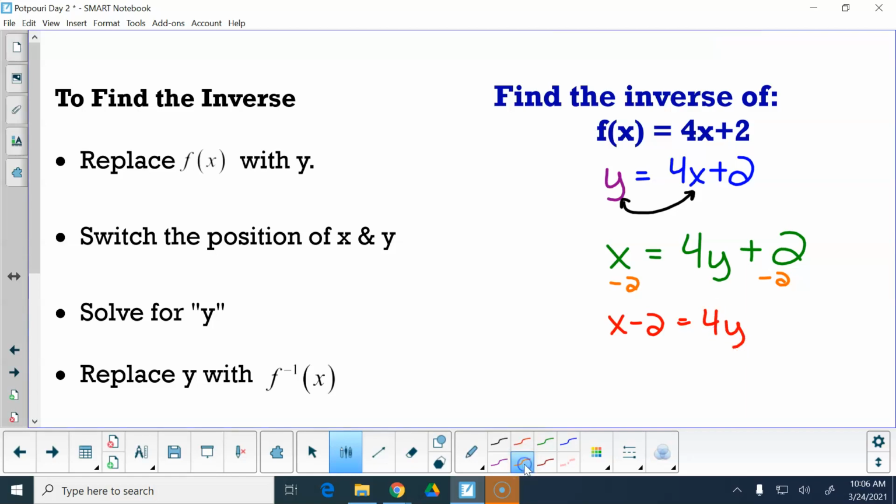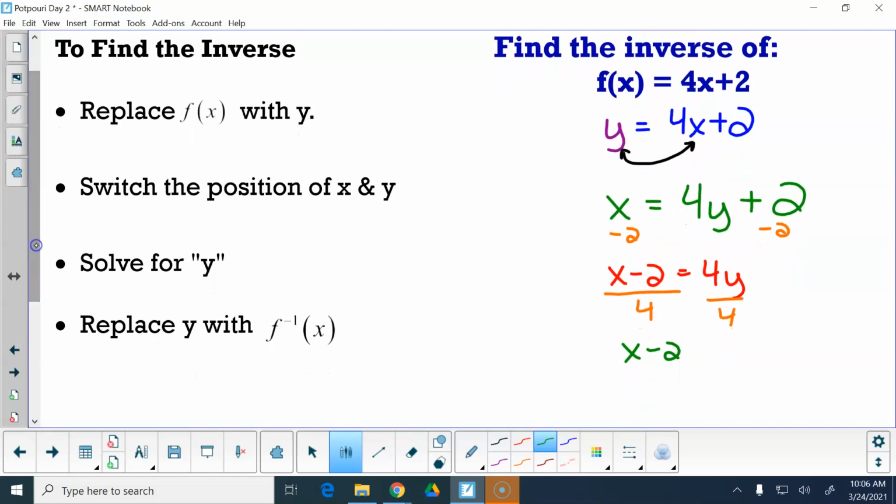Then I would divide both sides by 4. And that would give me x minus 2 divided by 4 equals y.